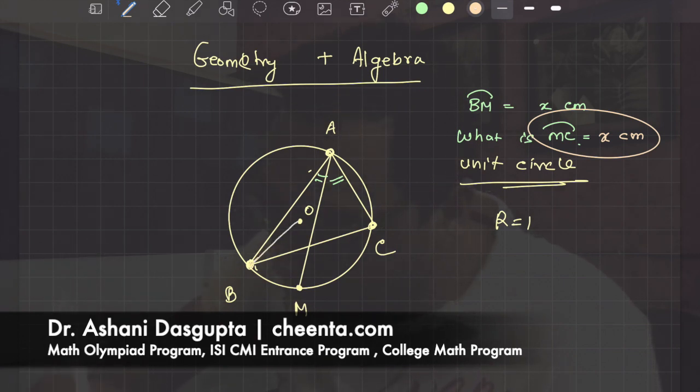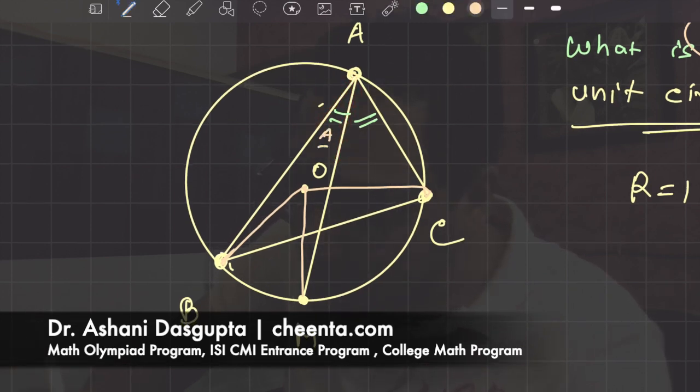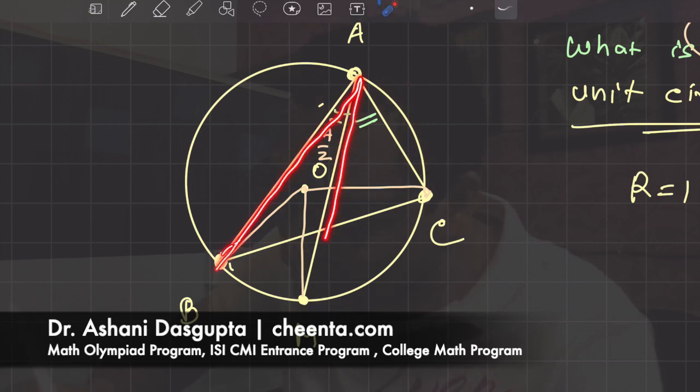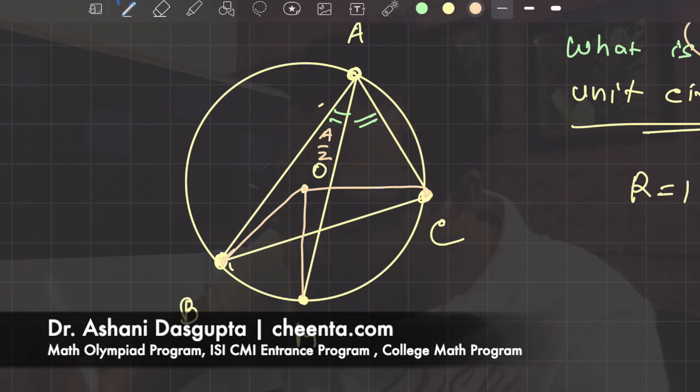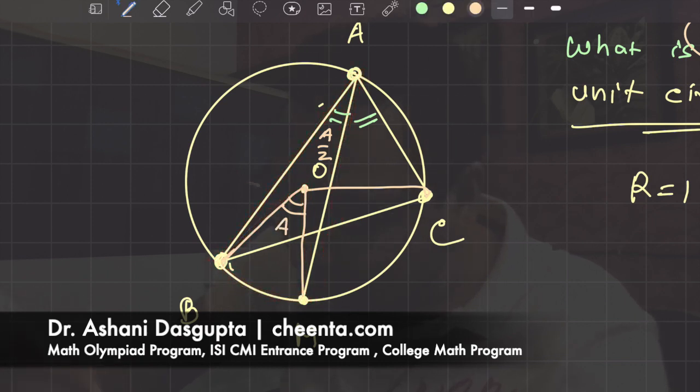If you connect OB and OM and OC, see this particular angle here is half of angle A. So angle at the center is twice the angle at the circumference. This is a very well-known property of circles. So this angle right here is twice of this particular angle. They are subtended by the same arc. So this one is angle A.